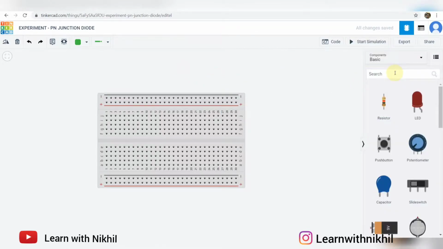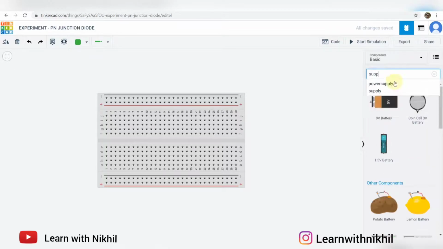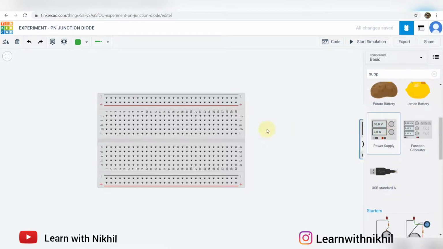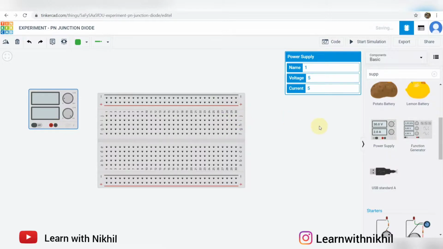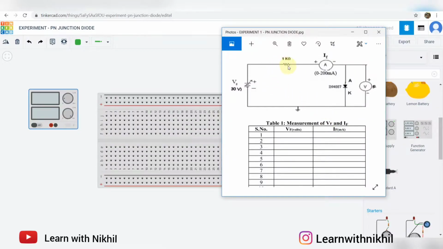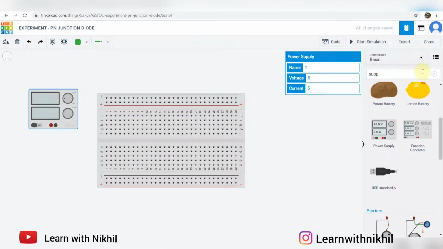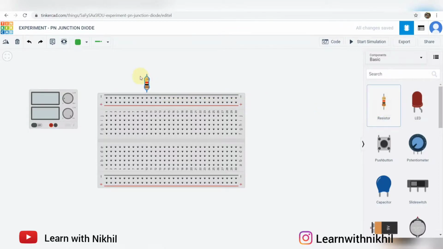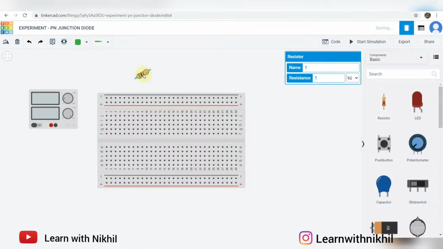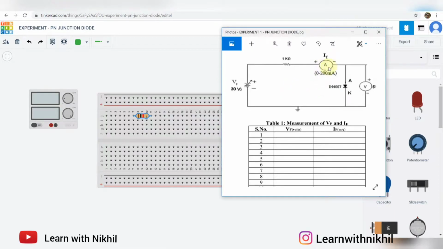Next we'll get a power supply. So type supply. This is the DC power supply. You can take this. Then you have a resistor of 1 kilo ohms. This resistor of 1 kilo ohms, you can rotate it by pressing R.